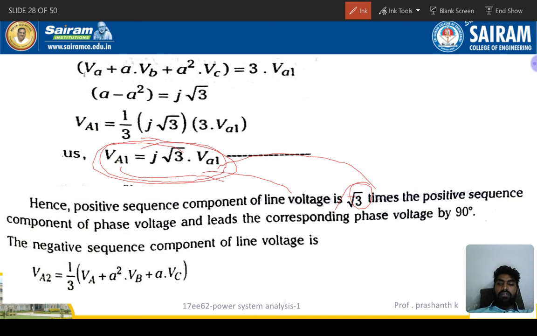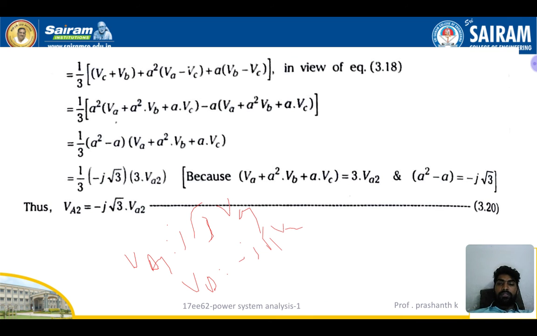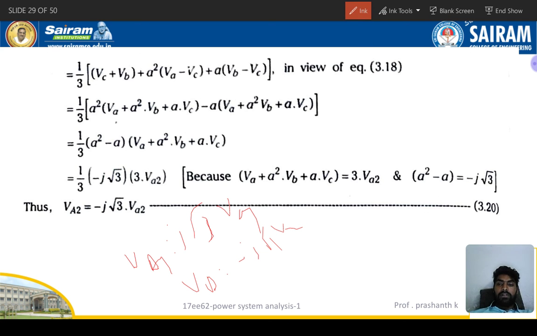So let's derive the equation. For VA2, the formula is one third of the phase sequence, negative phase sequence in terms of line voltages. Just substitute the VA, VB, VC values in the required equation, and we get minus j root 3 times VA2.